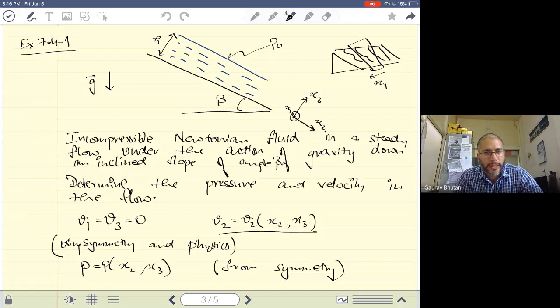In fact, we can see that the gravity component in the x2 direction is simply the sine of beta, because if beta was 0, then the component of gravity in the x2 direction would have been 0. So it's a sine beta component, and the gravity component in the x3 direction is a minus cos beta, the minus being because it's in the opposite direction of x3.